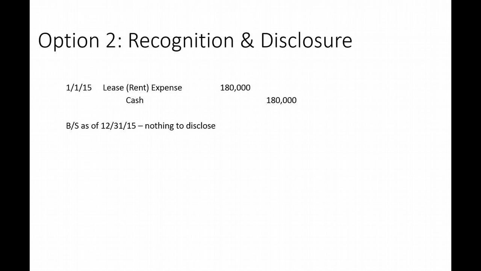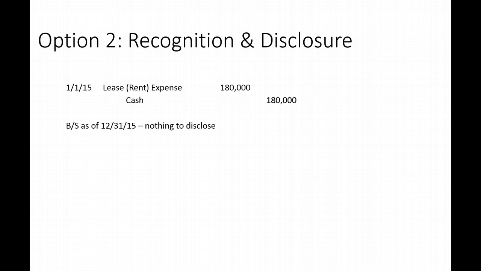All right, so that's all of the measurement, recognition, and disclosure issues that are related to the two options. The last requirement in this problem is to assess which one of these two options has the higher pre-tax income. In other words, from an income statement standpoint, which one of these two options is going to be best. And we're just going to look at the first year, 2015.